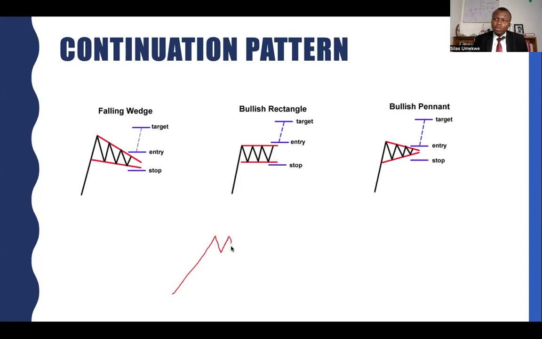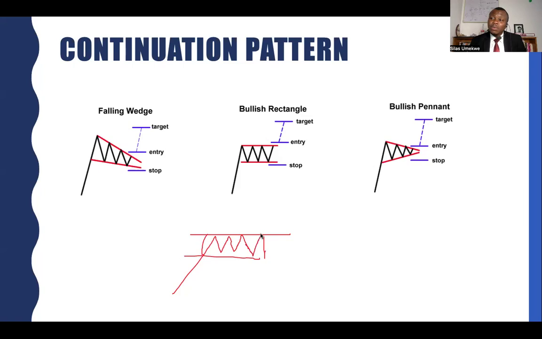But instead of printing a double top, it comes down. Then it behaves as if it wants to form a triple top. But instead of printing a triple top, the market starts ranging between this area.